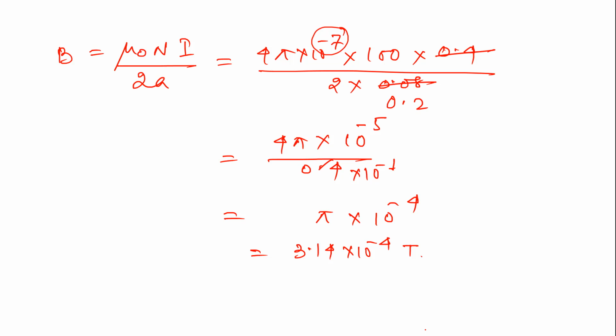Actually, we have got the solution for the case of Ampere's circuital law, even for the circular loop also. Right? Now, I'm just giving you one question. Let's see who is able to solve that. This is again the application of Ampere's circuital law, but let's see whether you are able to solve or not.